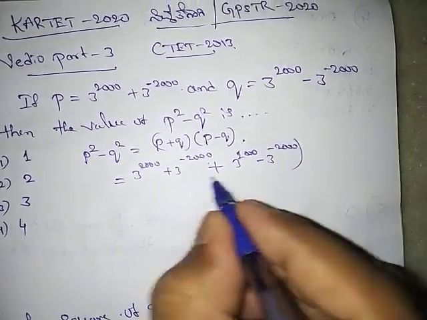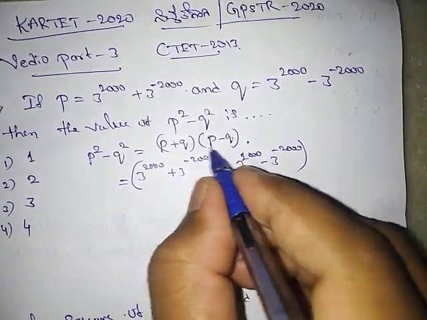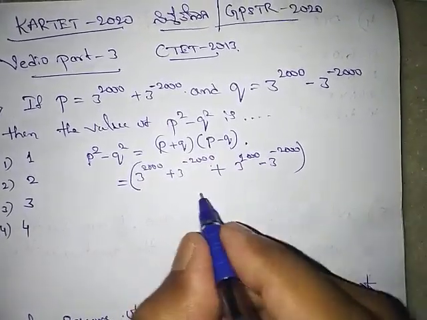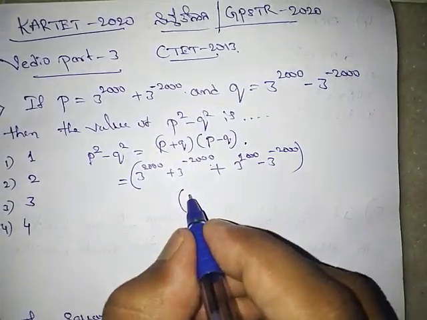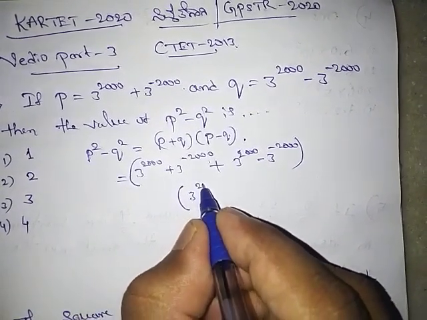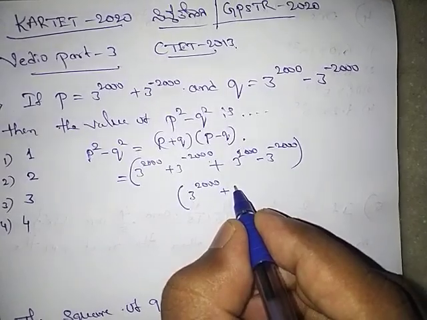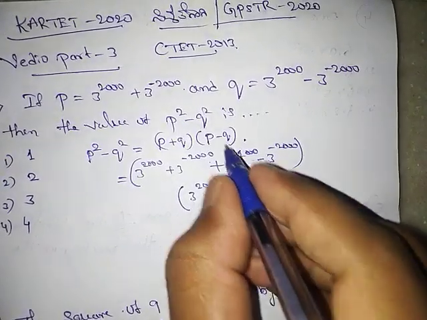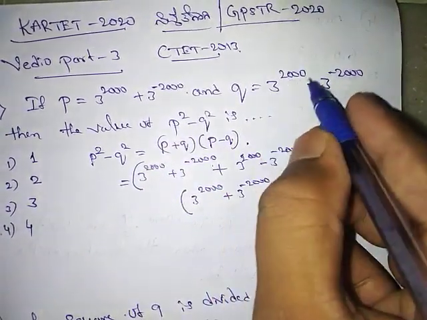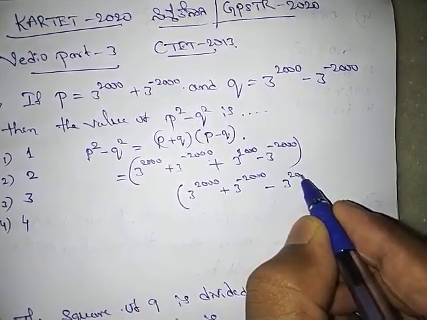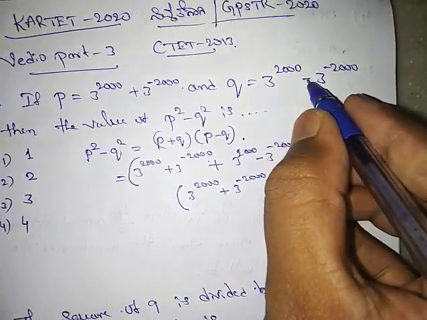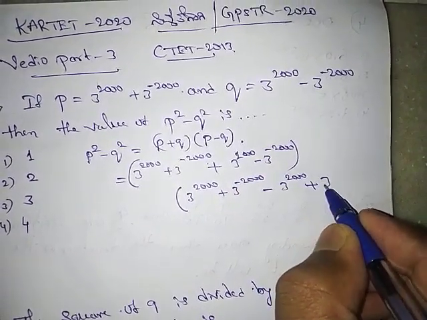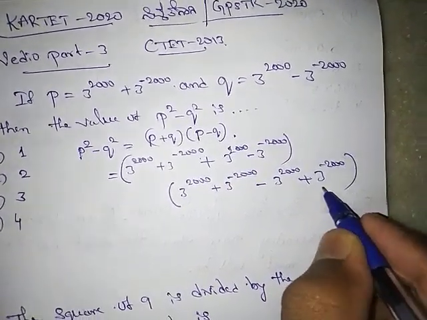This is p plus q, and p minus q means again the same process. p minus q: p means 3 to the power of 2000 plus 3 to the power of minus 2000, minus the value of q, that is 3 to the power of 2000 minus 3 to the power of minus 2000, and minus into minus gives plus 3 to the power of minus 2000. Okay, got it?